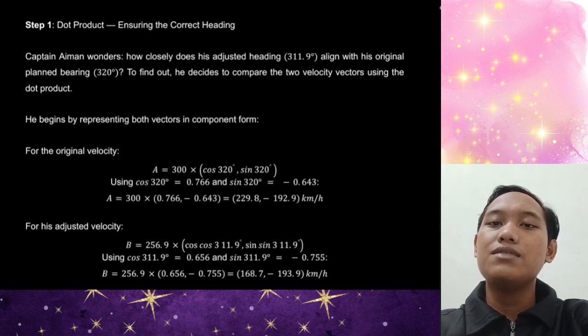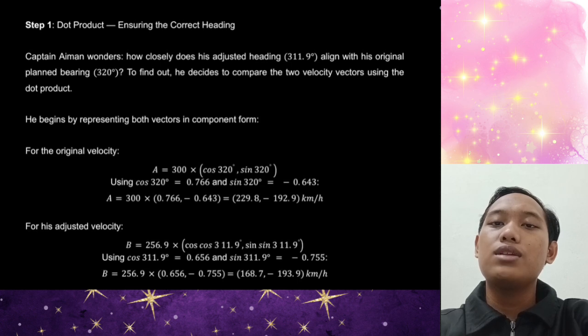For his adjusted velocity, B equals 256.9 times (cos 311.9 degrees, sin 311.9 degrees). We use cos 311.9 degrees equals 0.656 and sin 311.9 degrees equals negative 0.755.